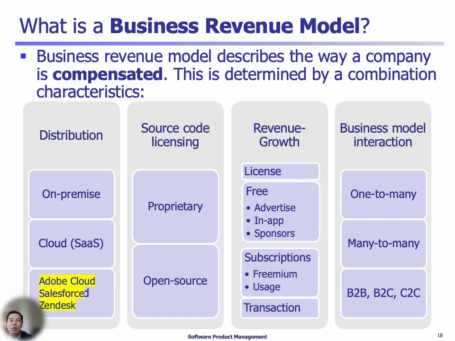Now, your source code license can be proprietary, such as Windows, iTunes, McAfee, or it can be open source. And this open source has certain advantages to it, and we will discuss that later. So Ubuntu, OpenOffice, and so on. Now, our focus more is on the revenue and growth. There are various types.